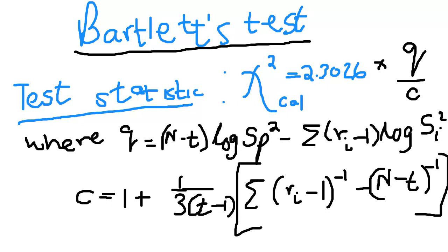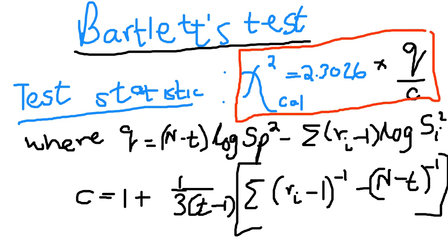So let me explain. The formula when you want to calculate the Butler's test statistic is 2.3026 multiplied by Q over C, where Q is given by this formula here, and SP squared is the same as MSE.